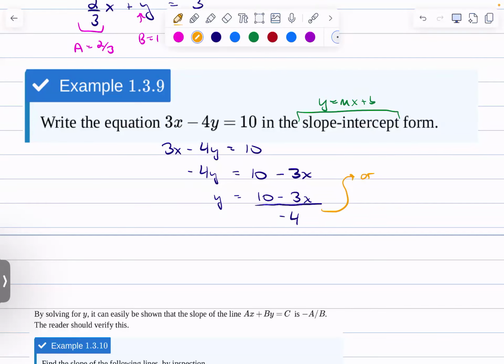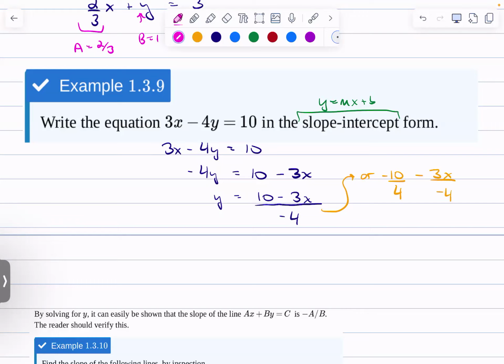I'm happy if you leave it like that, or if you want to split it up into two fractions, then you can rewrite it as 10 divided by negative 4, but I'm going to float that negative out front onto the 10 instead, just so it doesn't get lost. Minus 3x divided by negative 4.